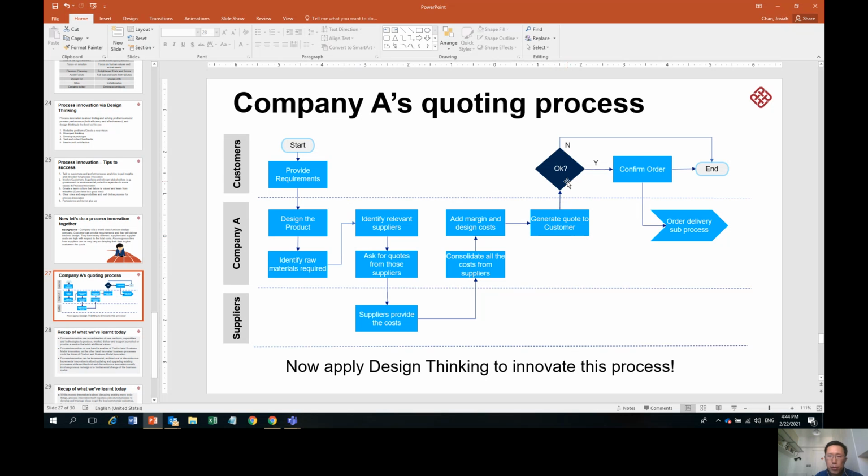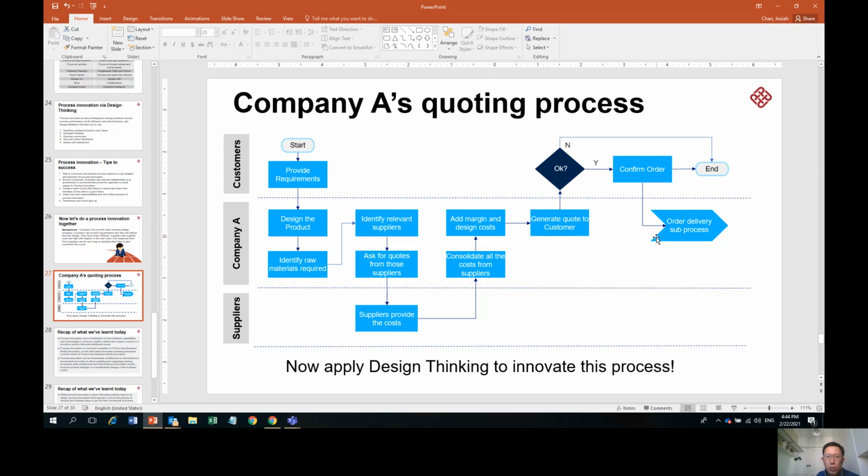Then the customer reviews the design and the cost, and determines if it is go or no go. If they say no, the process ends here. But if it is yes, they confirm the order and start the order delivery sub-process, which means they manufacture the product and deliver it to the customer. So this is the background, a very simple process.